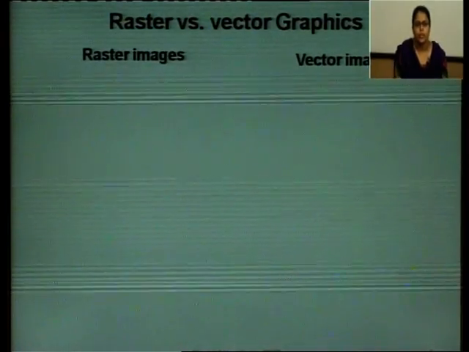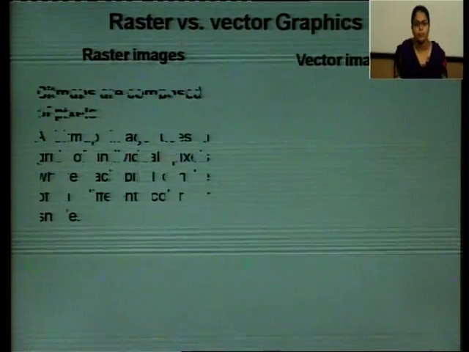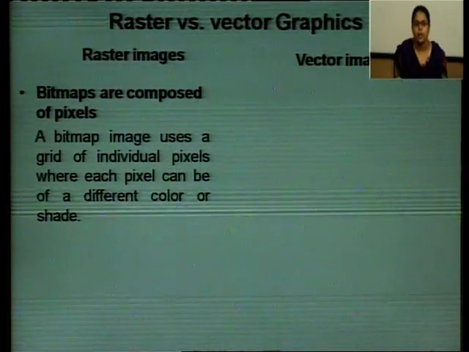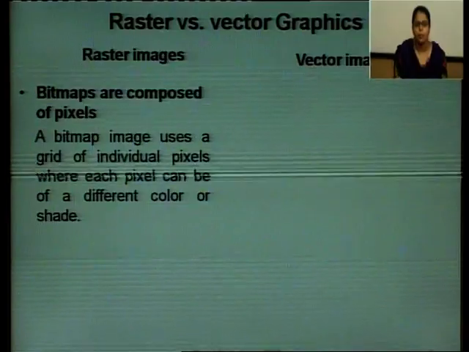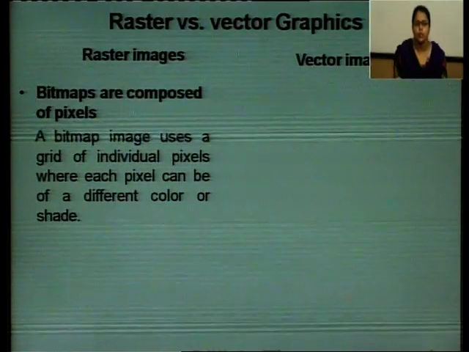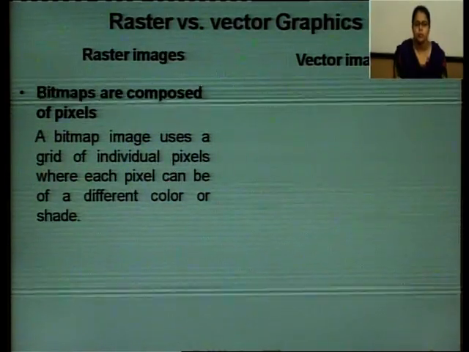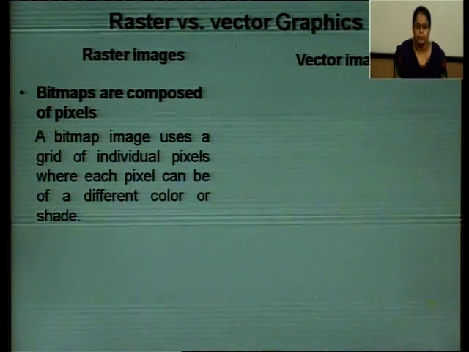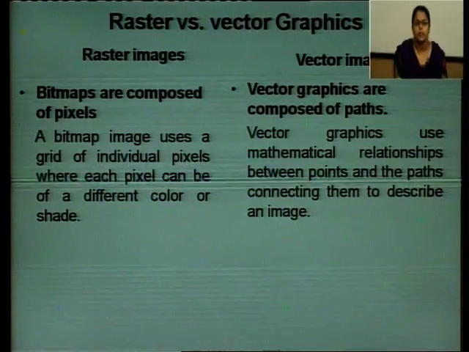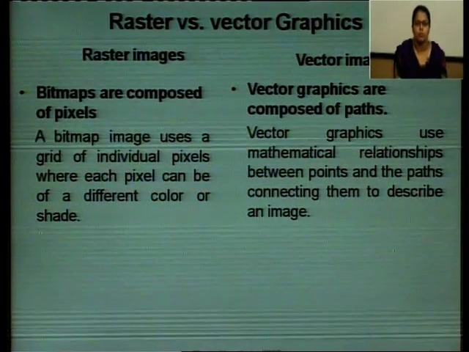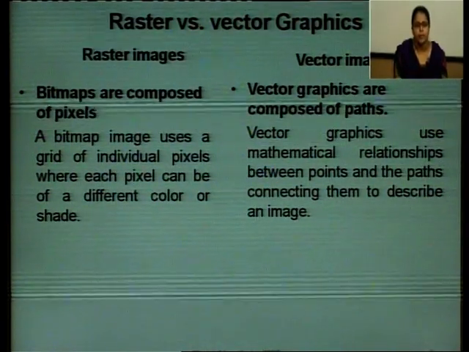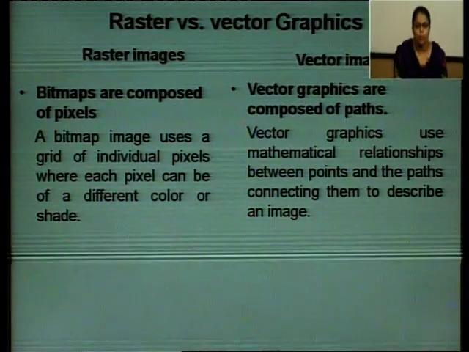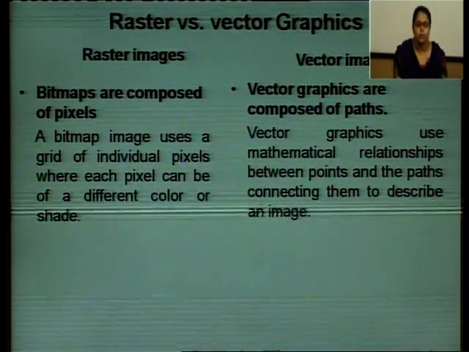We can differentiate between these two graphics as follows. Bitmaps are composed of pixels. A bitmap image uses a grid of individual pixels where each pixel can be of a different color or shade, while the vector graphics are composed of paths. They use mathematical relationships between points and the paths connecting them to describe an image.